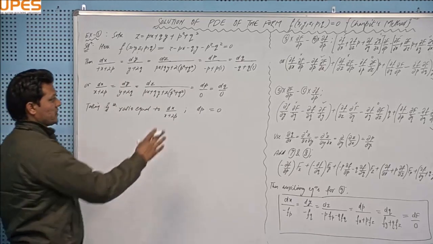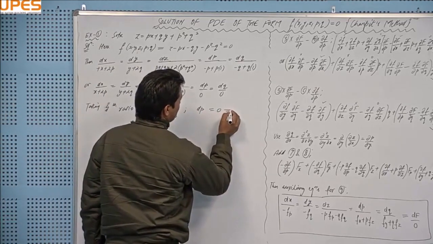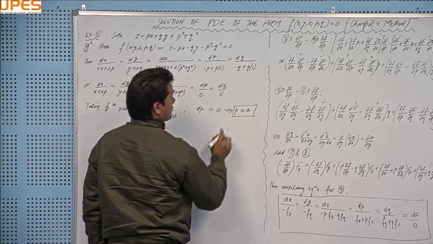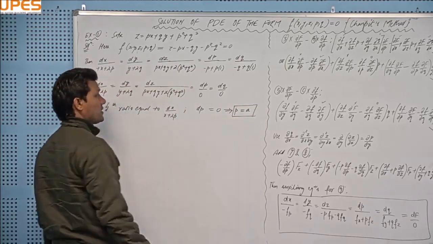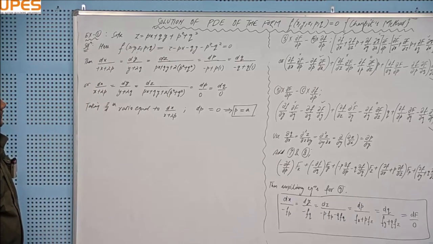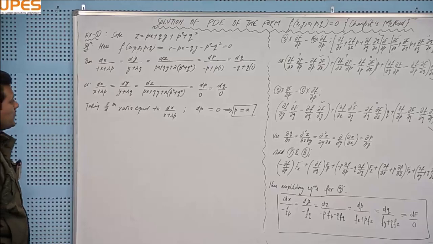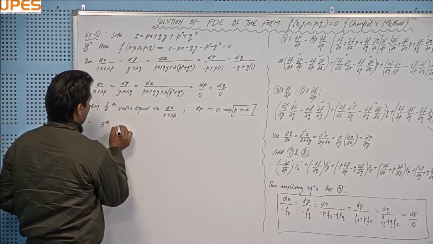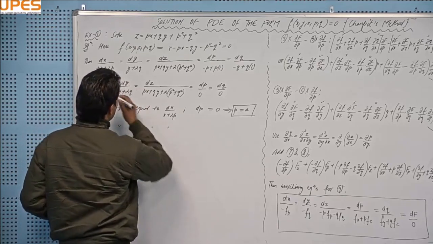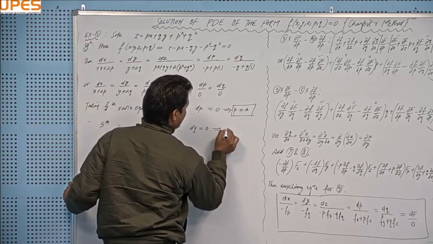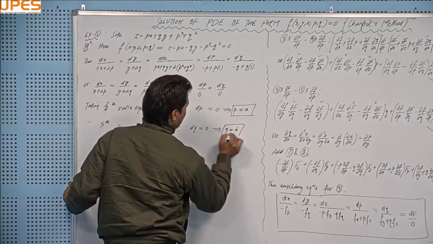Then integrating both sides, I will get p equal to small a, where small a is a constant of integration. Similarly, taking the fifth ratio equal to any ratio, let me take the first again, I will get dq equal to 0, and that will produce q equal to small b, right?